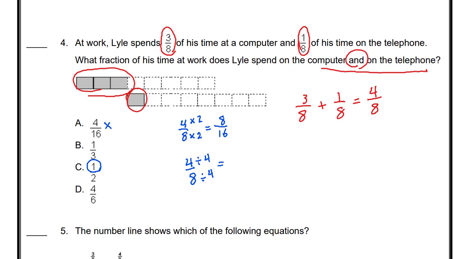So 4 divided by 4 equals 1. And 8 divided by 4 equals 2. So your answer is correct. Yes, it's 1/2. Thank you, Abdulaziz. Great work.